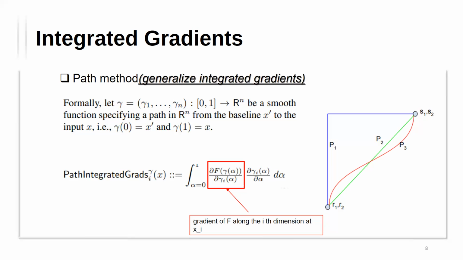So basically, we link the baseline to our input x, and there might be a lot of paths available. So the path method is more generalized, and the formal definition of path integrated gradients along each dimension i is given by this formula. I think it's quite straightforward.